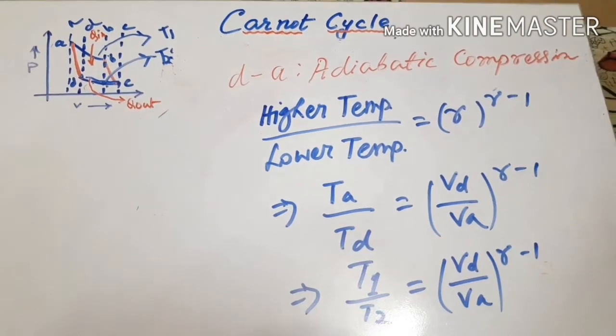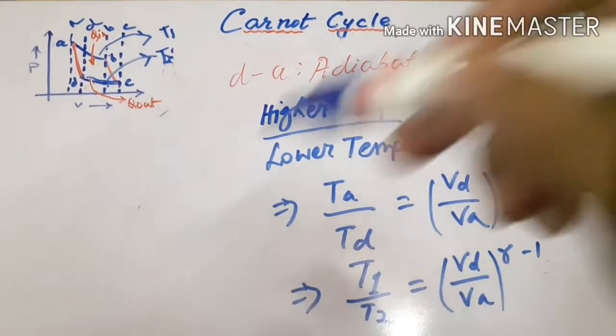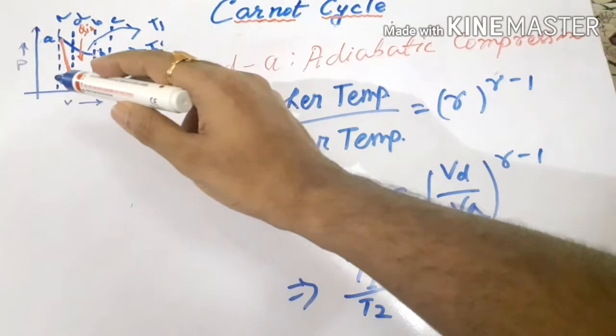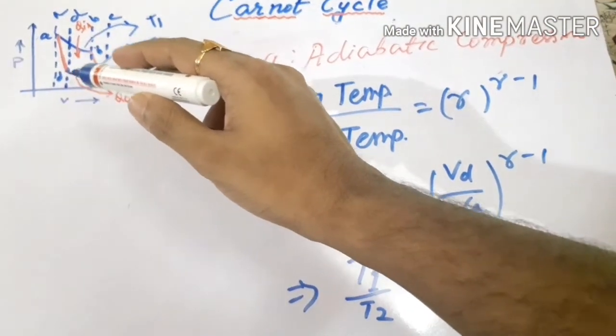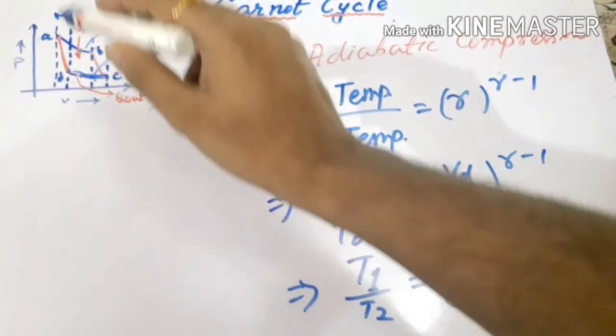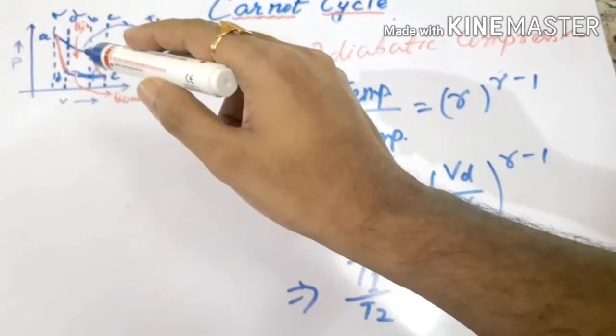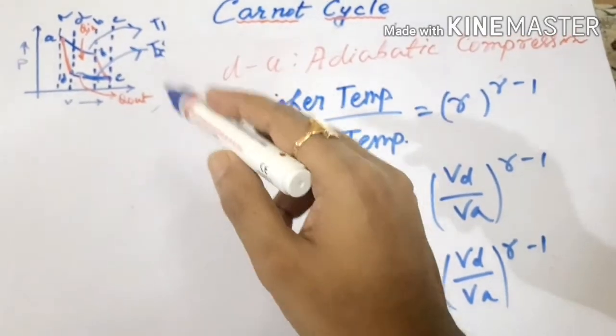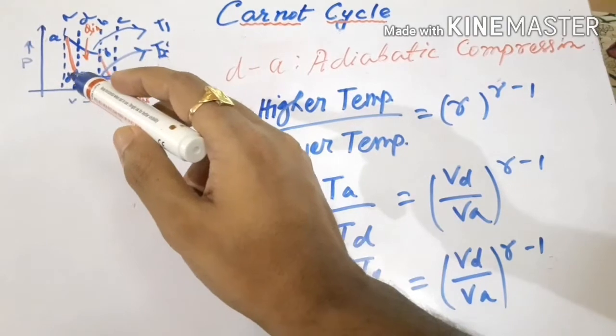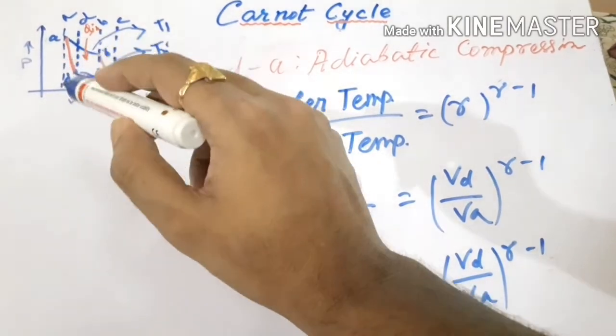So students, let's move to the next process, that is process D to A. You can see in process D to A, there is a slight decrease in volume but a rapid increase in pressure, which denotes the compression process, and that too the adiabatic compression process. That is why I denote it by the red ink.